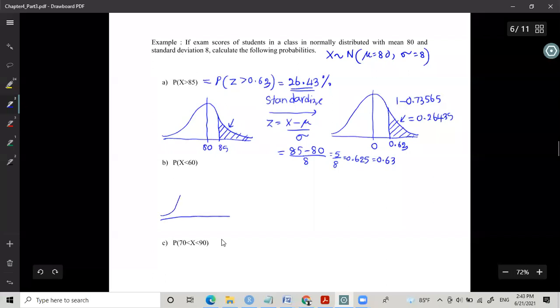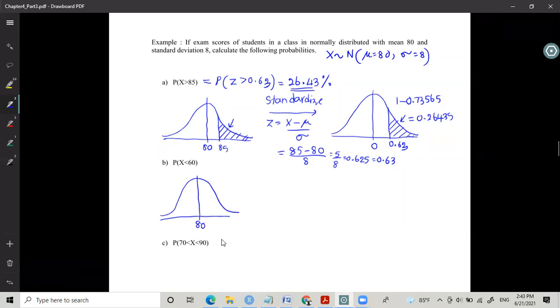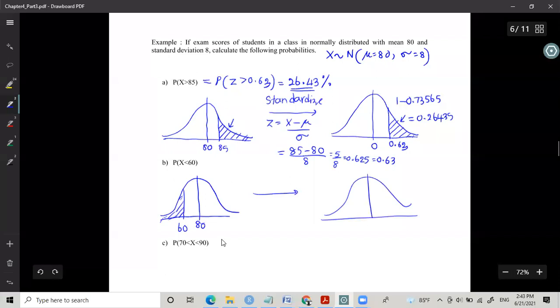Probability that X is less than 60. Here's my distribution, the original one, symmetric about 80. 60 is to the left of 80. You need everything less than, meaning to the left of 60. Standardize it, find the corresponding Z score, and then read the table and you can find the answer.